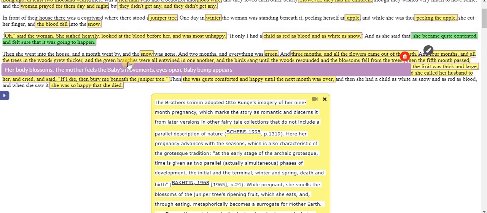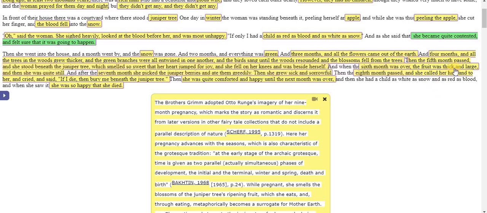It shows movements when green branches entwine with one another. So movements, again, it is equivalent to the baby's movement within the womb. And it is also the time in which the baby bump appears. So again, the blossoms fall, and everything, and the woman is probably happy because she is pregnant and she knew it. And then the 5th month passed.